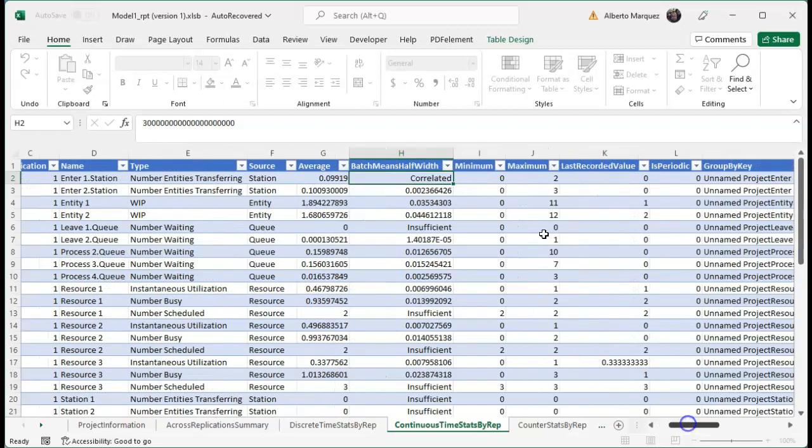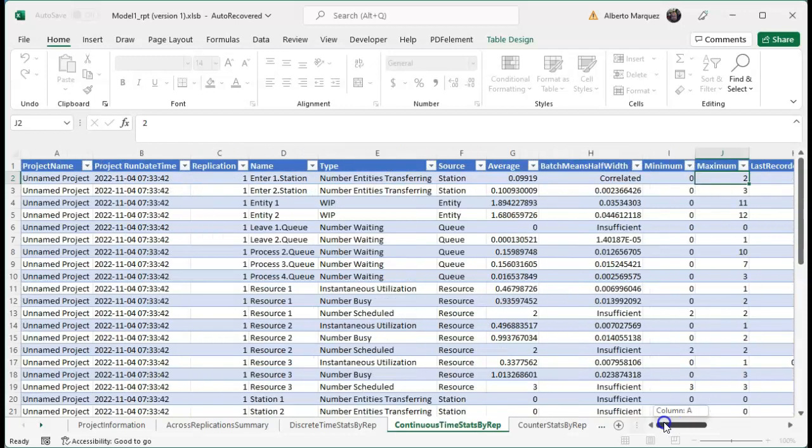The minimum is 0 and the maximum is 2. Why? Because at some particular point, maybe at the beginning, two entities enter and happen to be there at the same time. But the rest of the time, since there is no time for the entity in the original model, that station really doesn't take any time, so it's saying correlated. That station is just used to generate the entities and tag the attributes as needed.